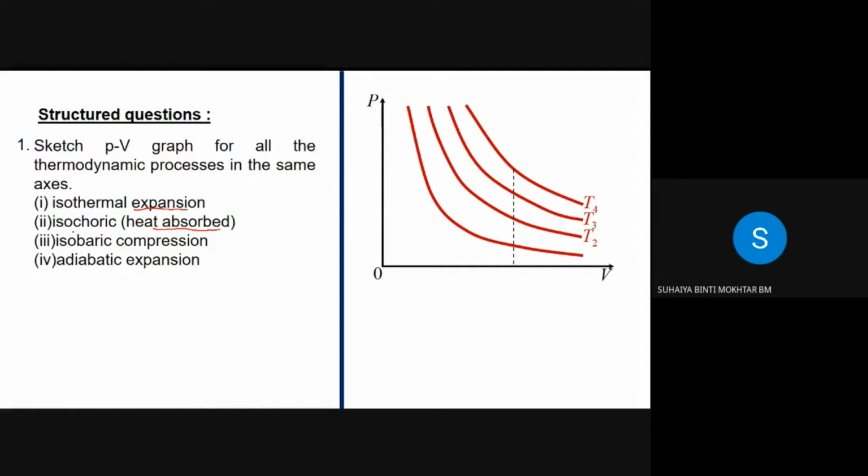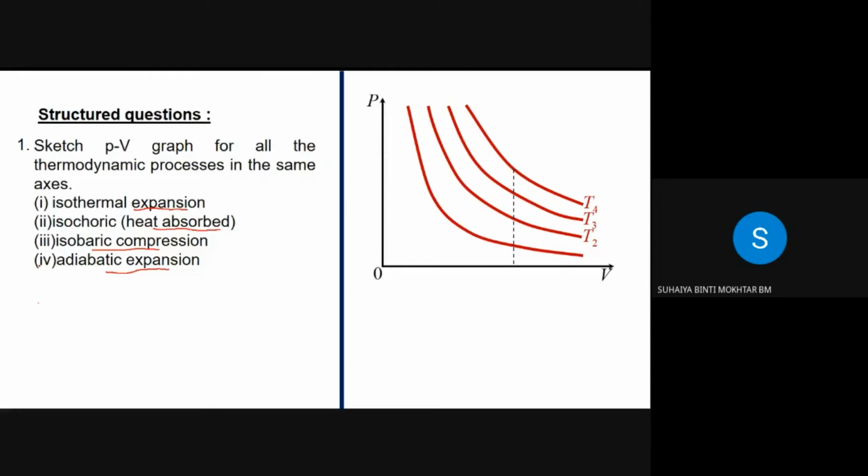So dia isochoric, mesti dapat apa value dia kat sini, kena tahu. Isobaric, ni isochoric. Isobaric compress. Compress, so volume mesti decrease kan. Expand volume increase. Compress, volume decrease. Adiabatic expansion, so volume increase. Okay. So kena ikut tu.